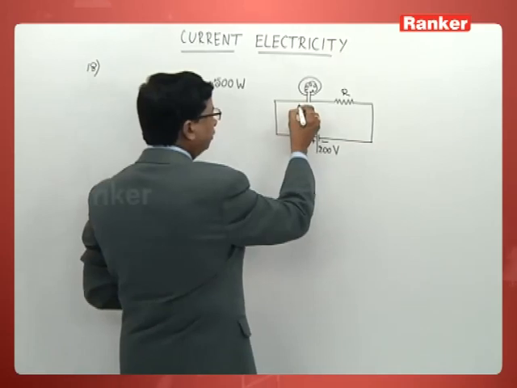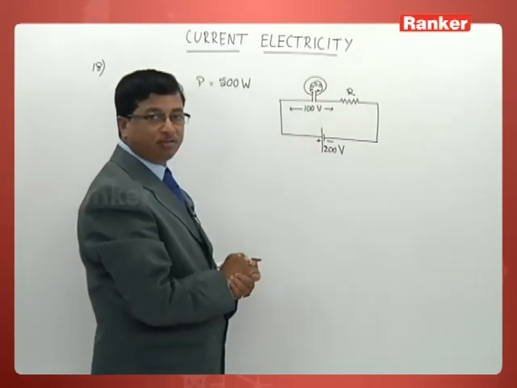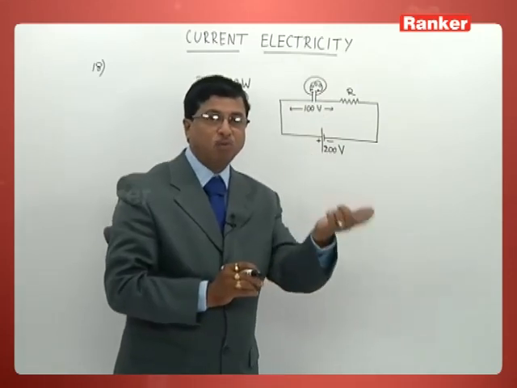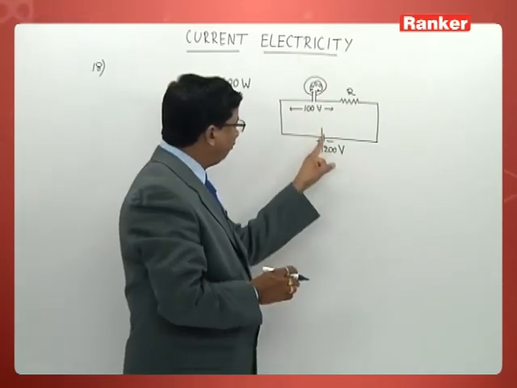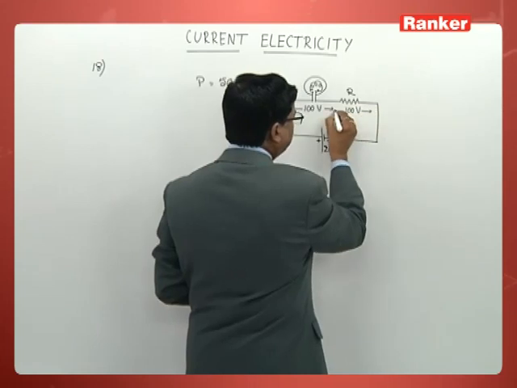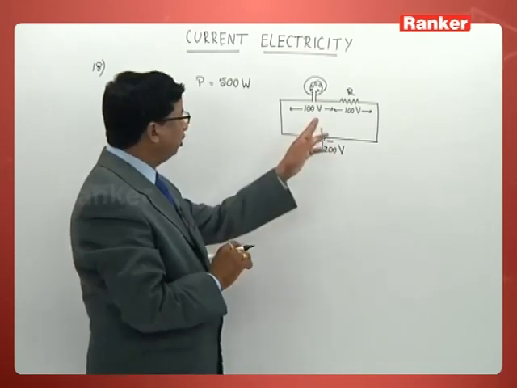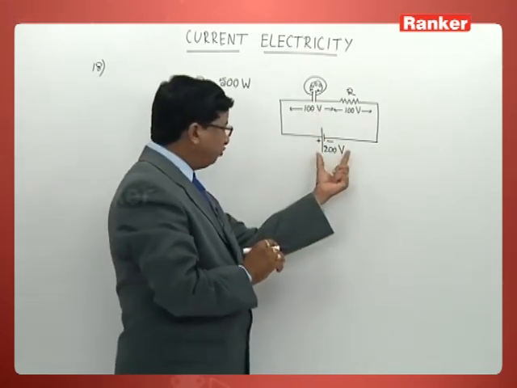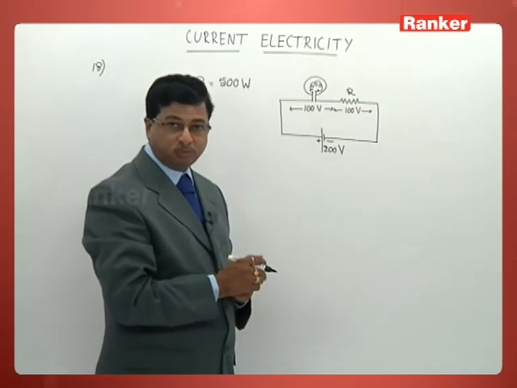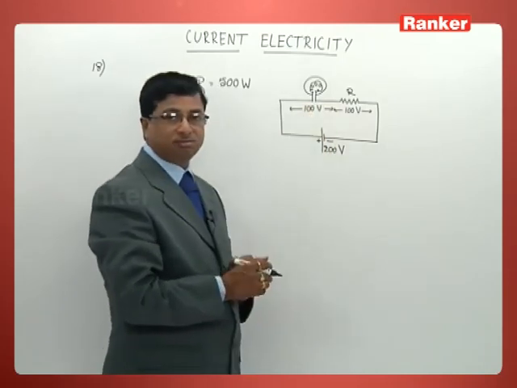So first and foremost, this is half of 200 volt. Observe, a very simple concept. If the potential difference across the bulb is 100 volt out of 200, then how much must be the other value? It must be 100 volt again. Hope you might have got this point. This potential difference across the cell, which has been connected across the series circuit, is supposed to be distributed among both the elements.